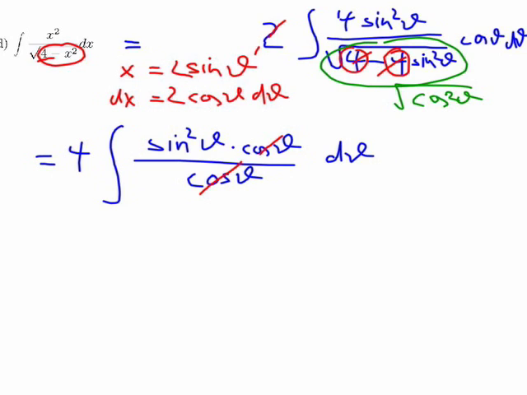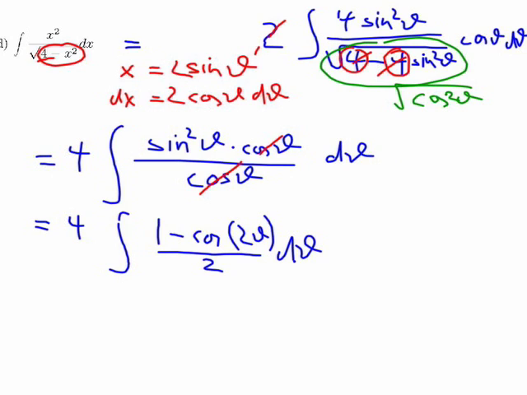Right, how do we integrate sine square? 2 is an even exponent, so we need to use a double angle formula. So what do we get? We get 4 times the integral. What is sine square? That's 1 minus the cosine of 2 theta over 2. So I get 1 minus the cosine of 2 theta divided by 2 d theta. We see that this 2 will cancel with this 4, making this 4 a 2, and so we have to integrate 1 minus the cosine 2 theta.